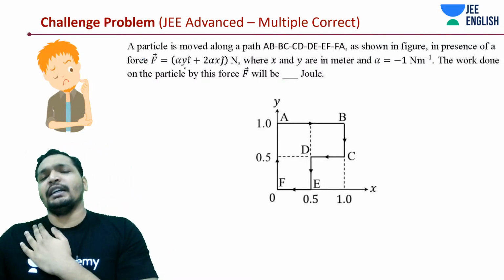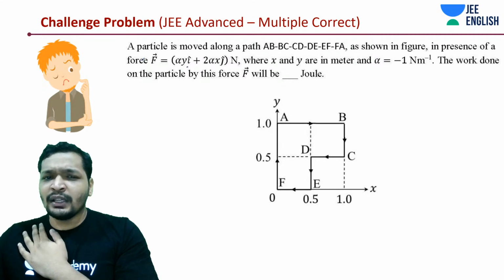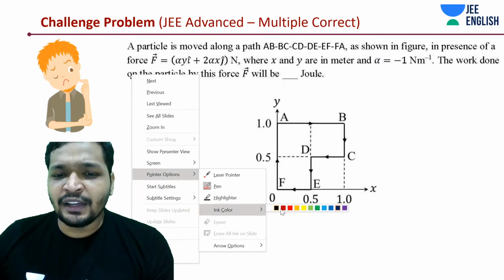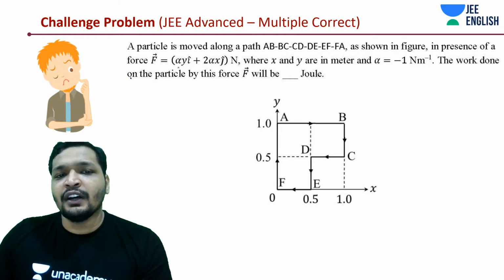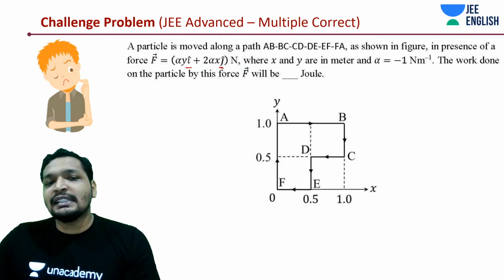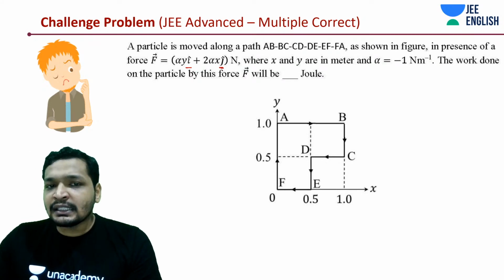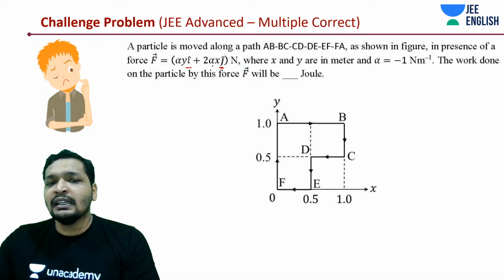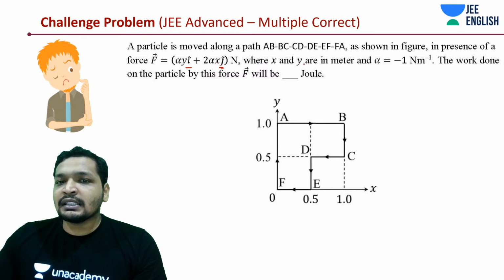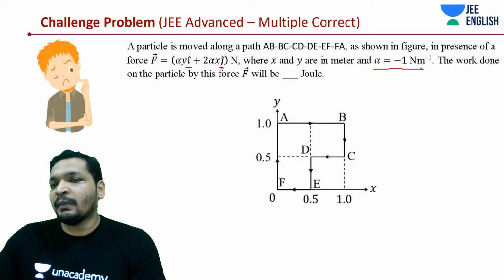Notice it carefully, students. This is something that happens very often in your JEE Advanced. Things are interchanged. It's y on the i side and x on the j side. Where x and y are in meters and alpha is -1 Newton per meter.